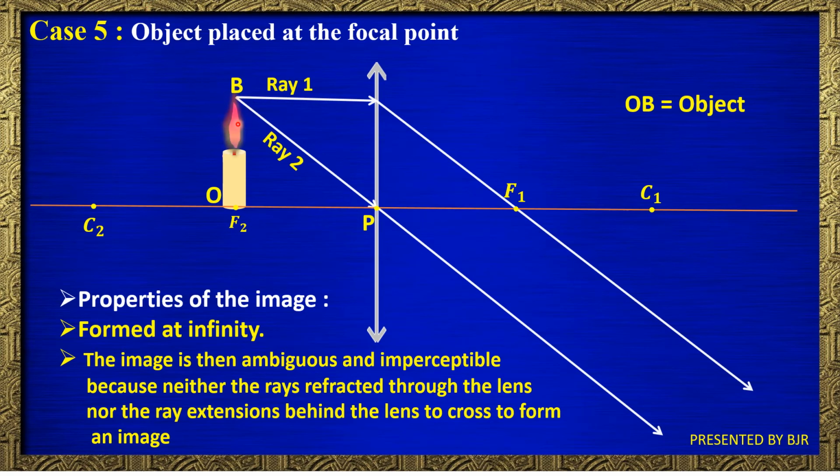That means here the image is ambiguous. We do not know whether the image is formed, and if it is formed, on which side it is formed. That's why it is ambiguous, imperceptible. See here, these are the extensions of the refracted rays.